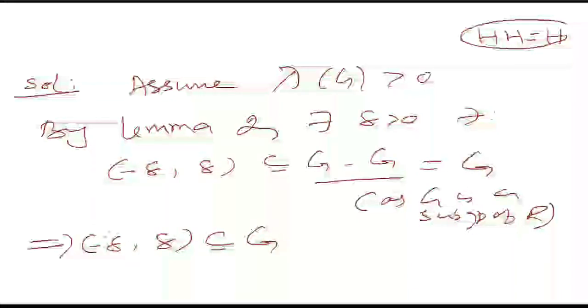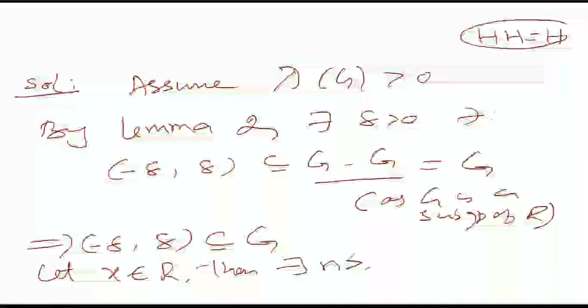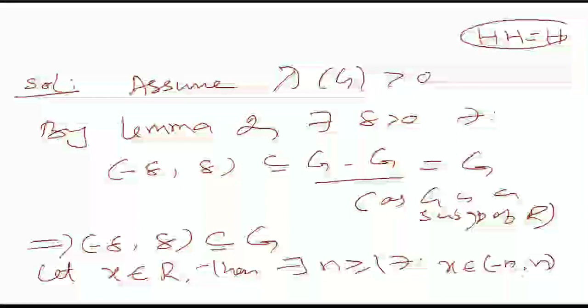So let's choose any element in R. Now let x belong to R. Then there exists a natural number n greater or equal to 1 such that x belongs to this interval (minus n delta, plus n delta).